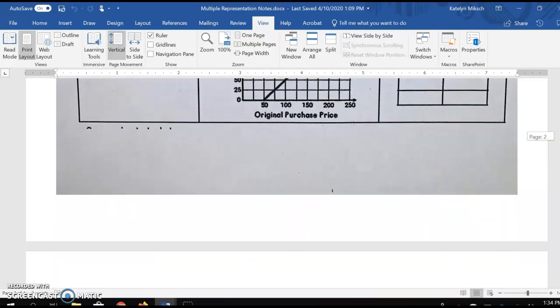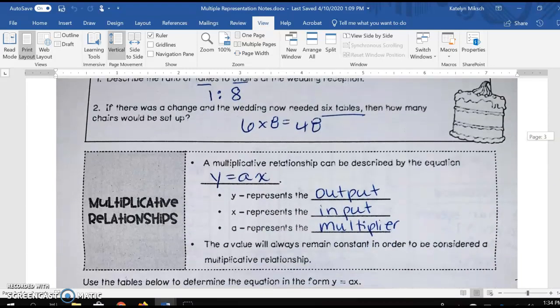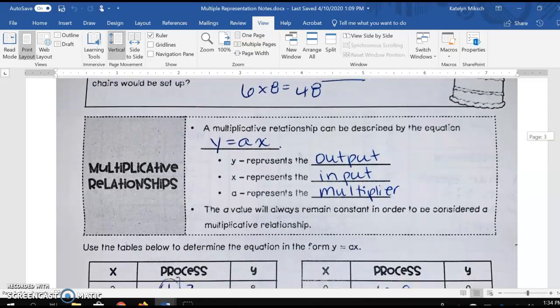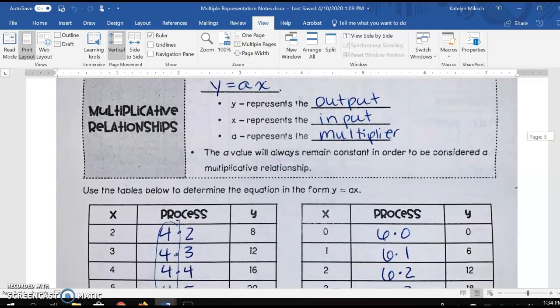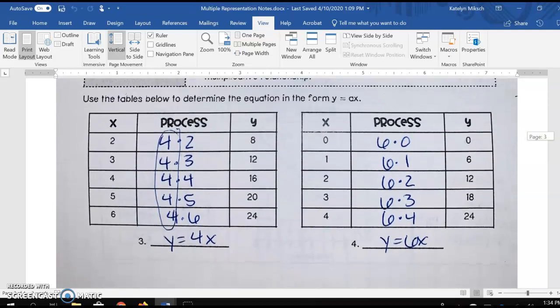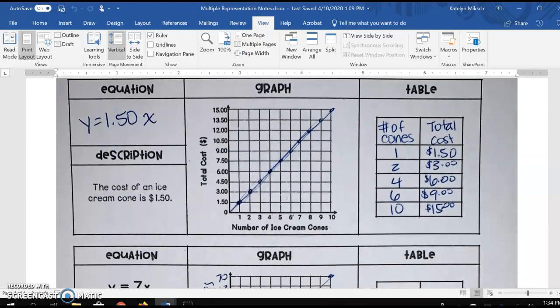And then the other type of relationship you might see is the multiplicative relationship. That is where you are taking your X, your input, and multiplying it by something. And if we are actually dividing, remember, we will multiply by a fraction or a decimal instead of dividing in most cases. When we have a graph for a multiplicative relationship, that is when we will see the graph crossing the origin, or 0, 0.